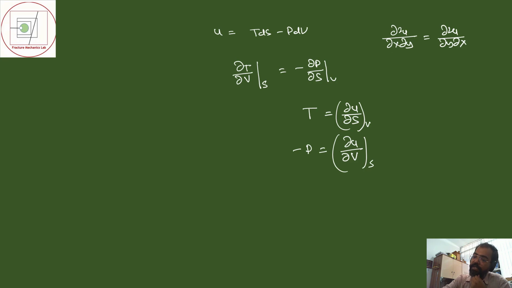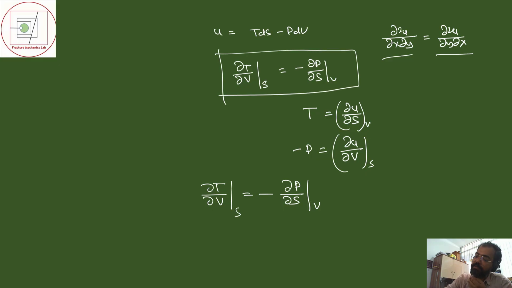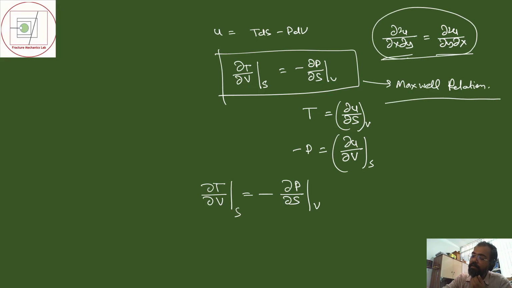Now if you take mixed derivatives, then del T by del V at constant S must be equal to minus del P by del S at constant volume, and this is the first Maxwell relation, which comes by applying this identity on the first potential.